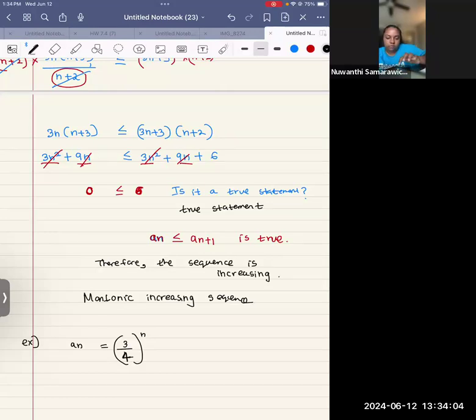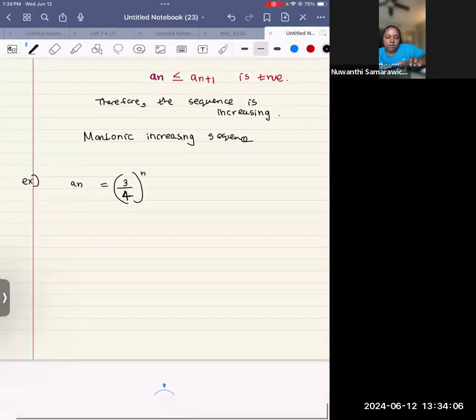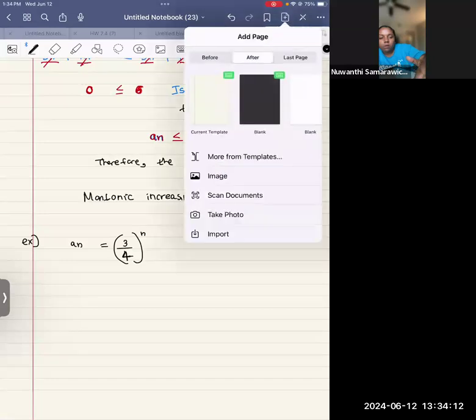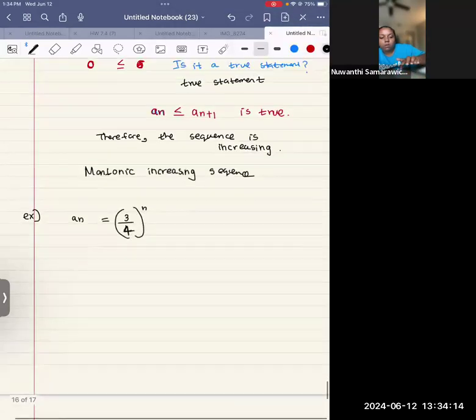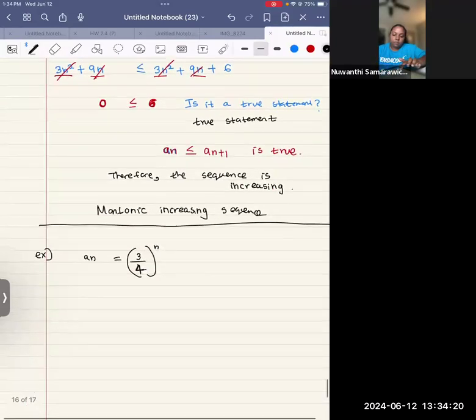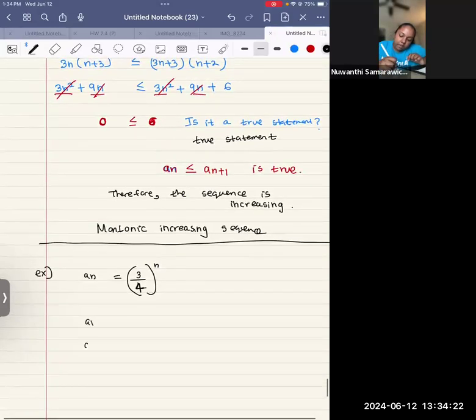What are the first 4 terms? What is A1? What is A2? What is A3? What is A4?